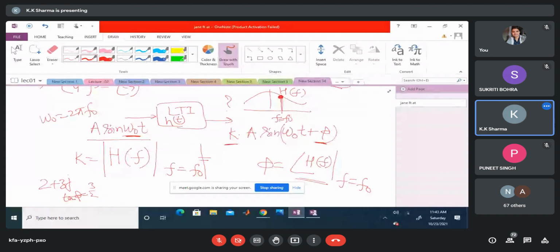Be it an amplifier or anything else, the Fourier transform is also playing an important role here in the eigenfunction. For today this is just for your general knowledge only.